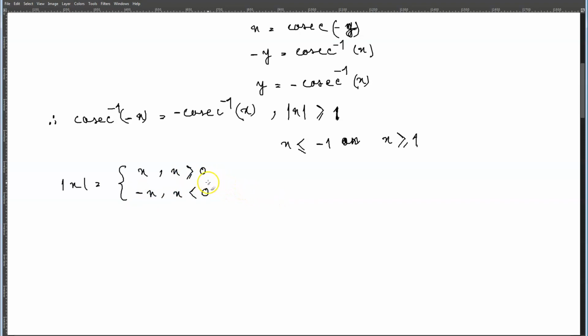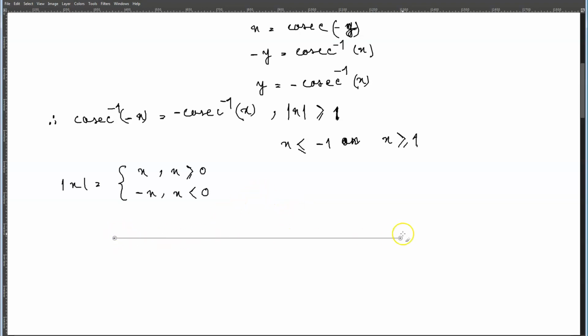So what that means is that if x is less than 0, then the absolute value of x is equal to negative x. And if x is greater than or equal to 0, then the absolute value of x is equal to x.